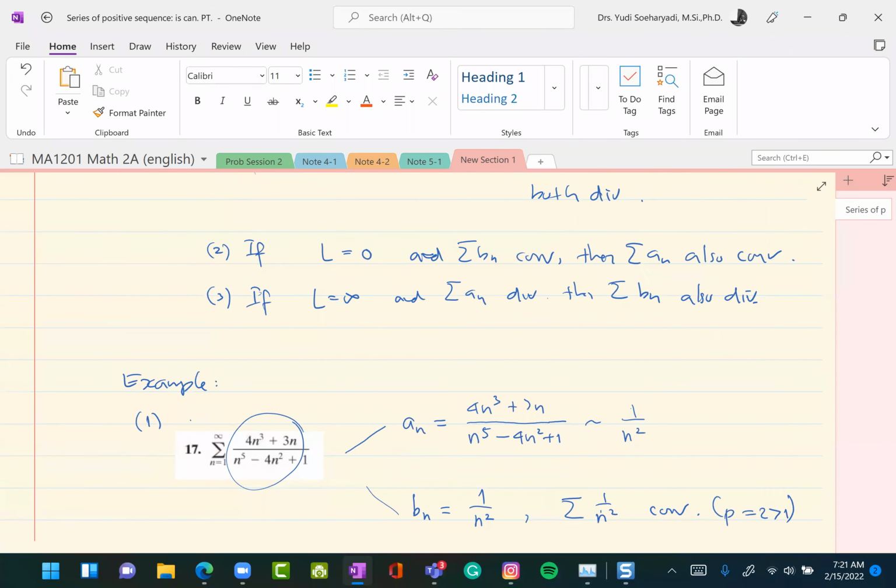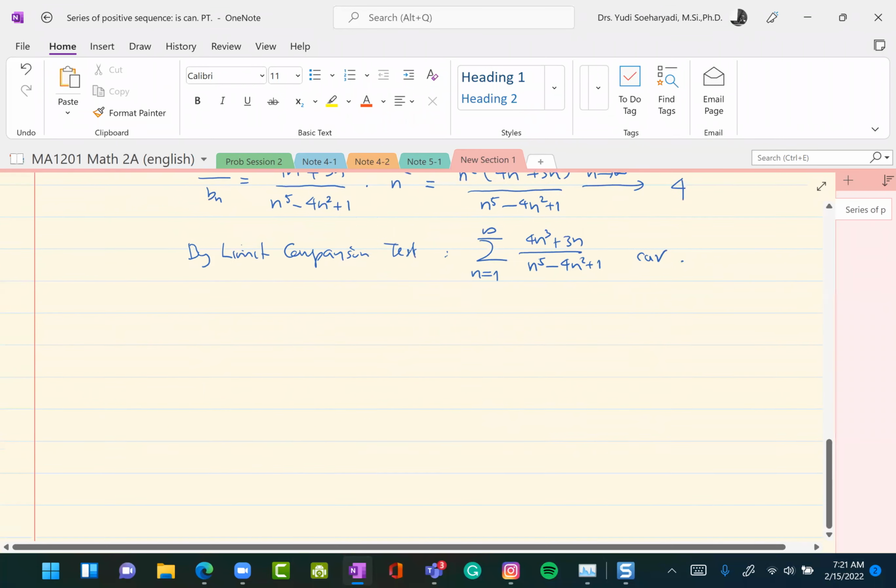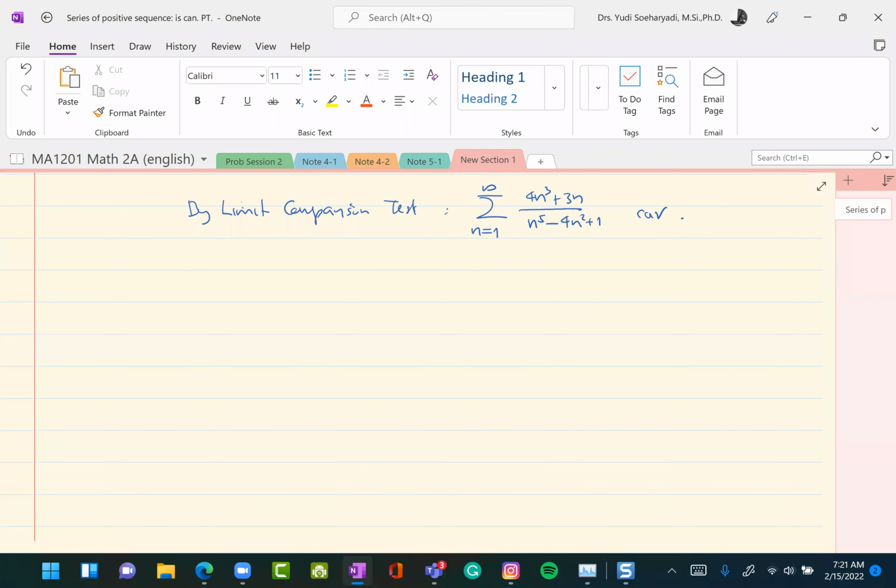Right, good. So the fourth one is what we call the ratio test. Even though the two most useful things are the comparison tests, that means you need to find a benchmark.